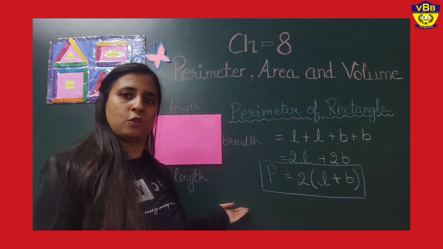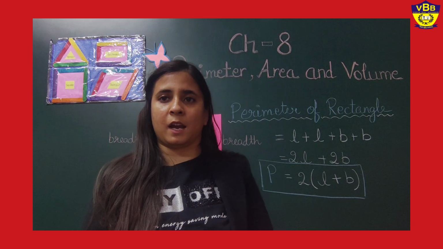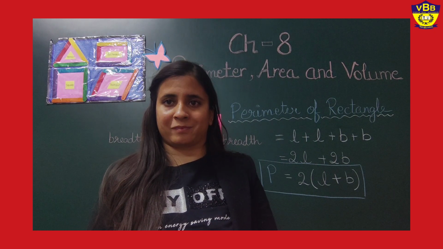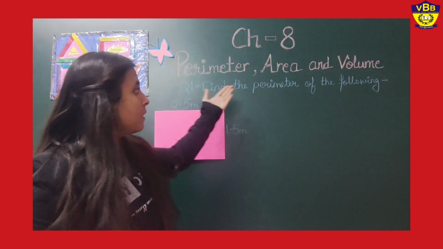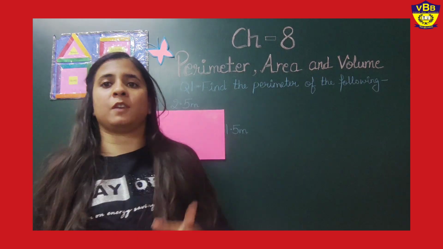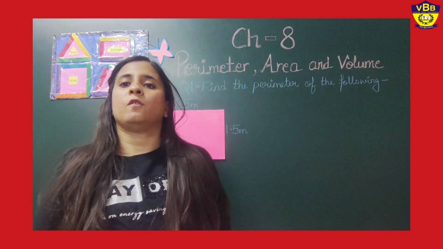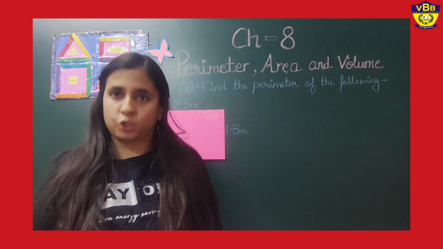Following this rule, we are going to do the question given in our recap exercise. Question number 1. Let us see what it says. Find the perimeter of the following. Two shapes are given which are in rectangular shape, right? We have to find the perimeter of those two shapes.